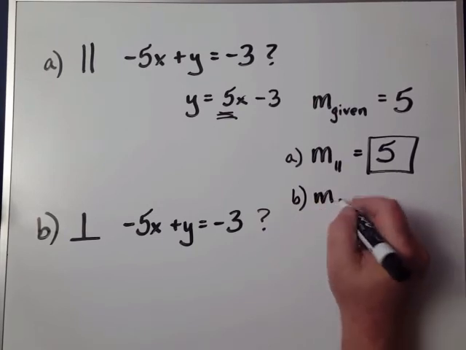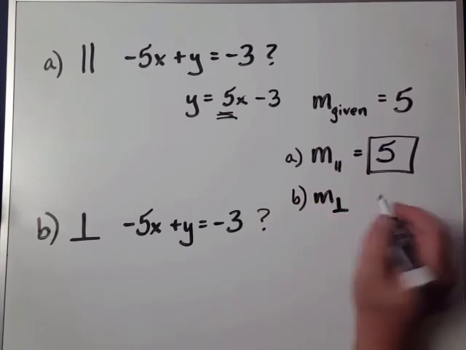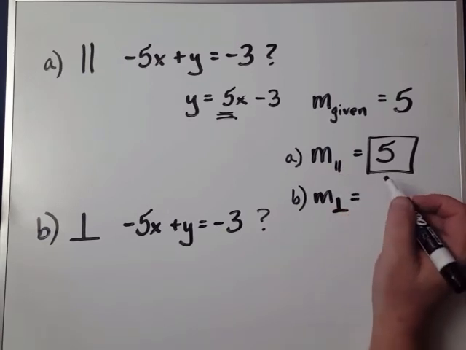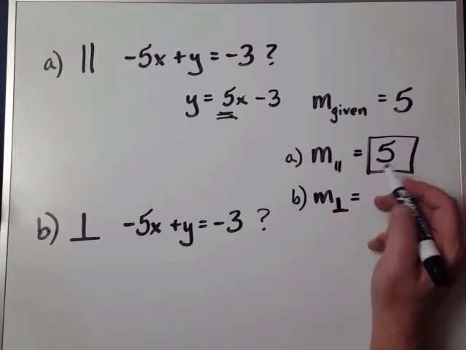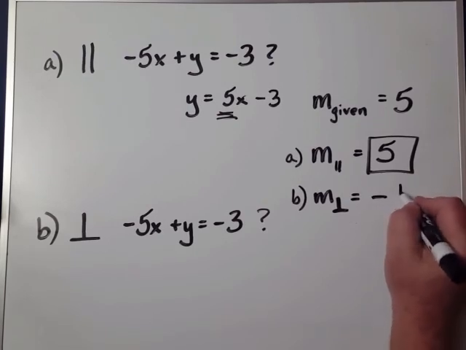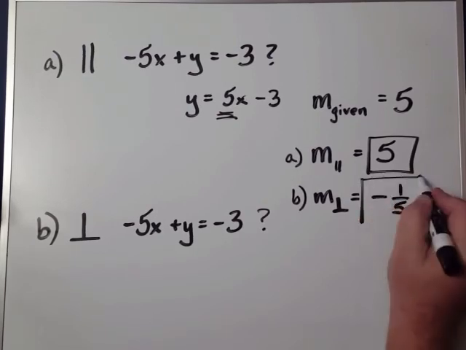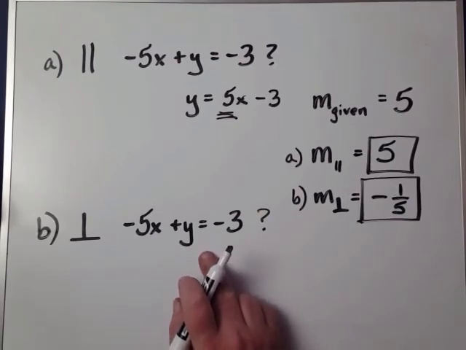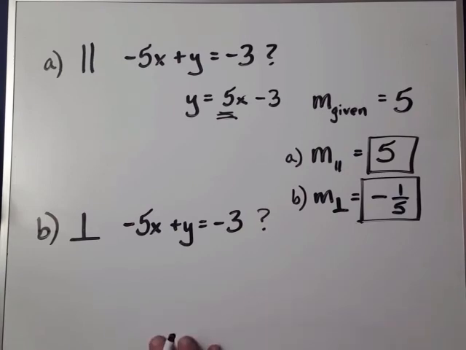What is the slope of a line that is perpendicular to the given line? It's going to be the opposite reciprocal of 5. Opposite means change the sign. Reciprocal means flip it over. So the slope of a line that is perpendicular to this given line is going to be negative 1/5.